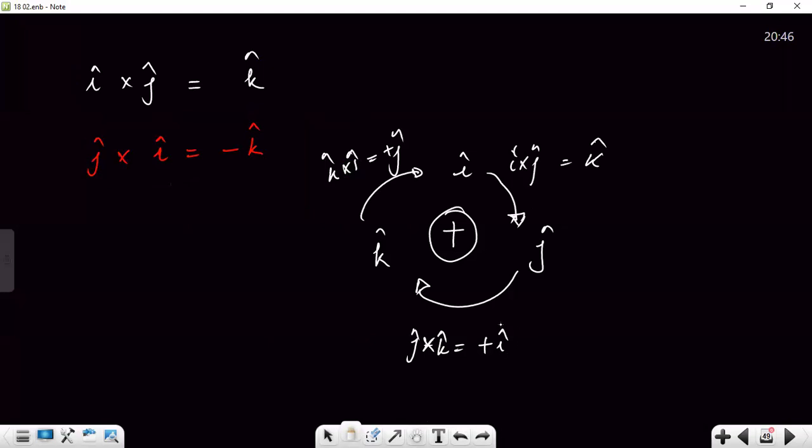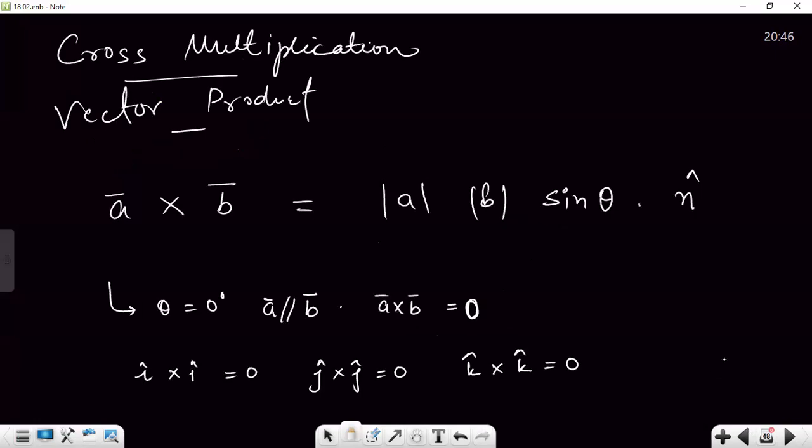So this is important about vector multiplication. But how do we exactly find the vector multiplication when we have two exact vectors? Yes, we can use this formula, of course, when we have the magnitude of both, the angle, and the unit vector direction of the resultant vector.